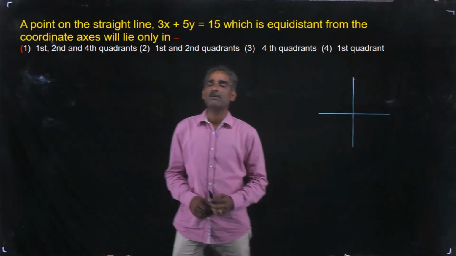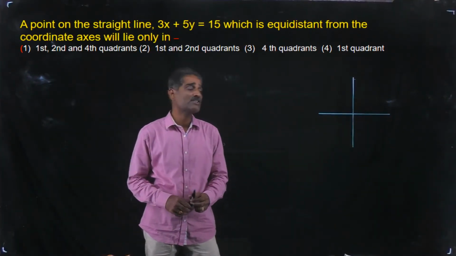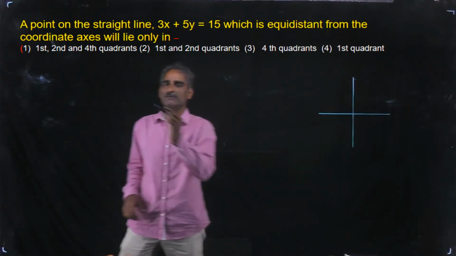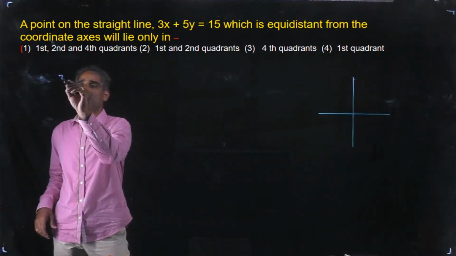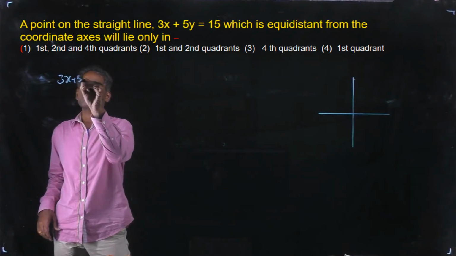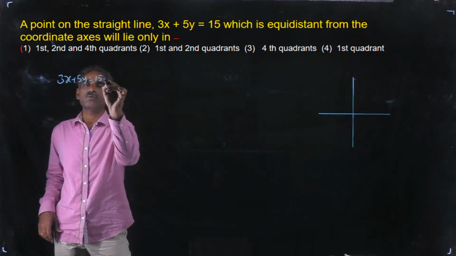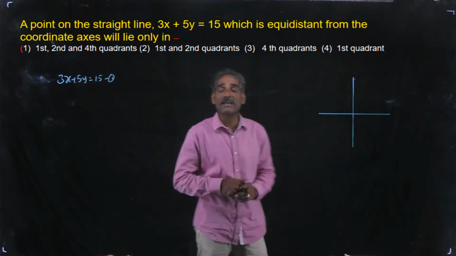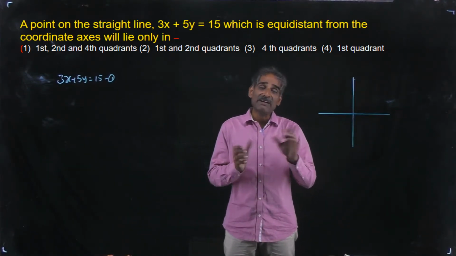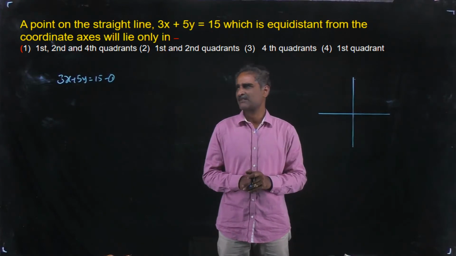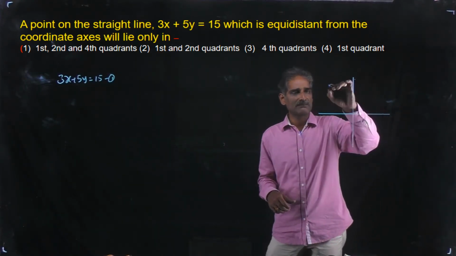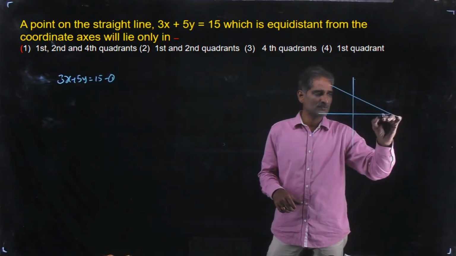Okay, next problem. A point on the straight line 3x plus 5y is equal to 15. Let it be 1. A point on this straight line which is equidistant from the coordinate axes. Suppose this is the position of the line.